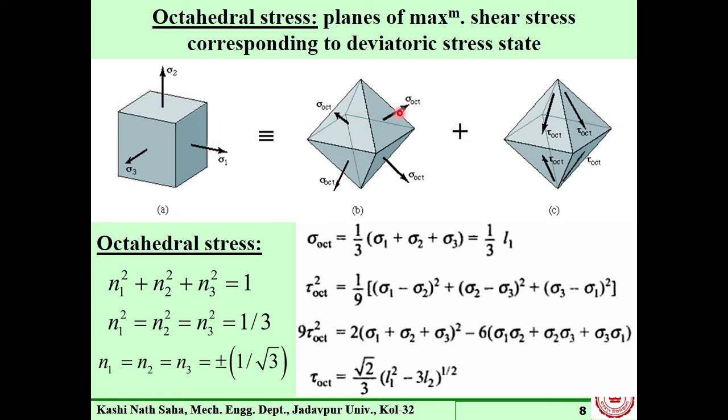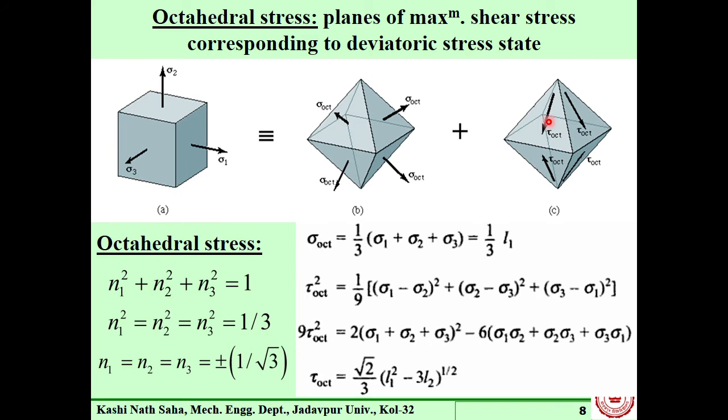So how many planes will be there? On the top half there are 4 quadrants, so there are 4 such planes. In the bottom half also we have 4 quadrants, we have 4 such planes. So this is the thing.